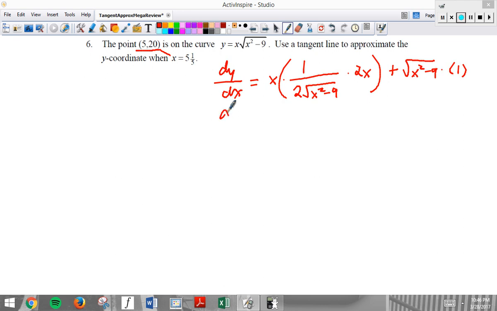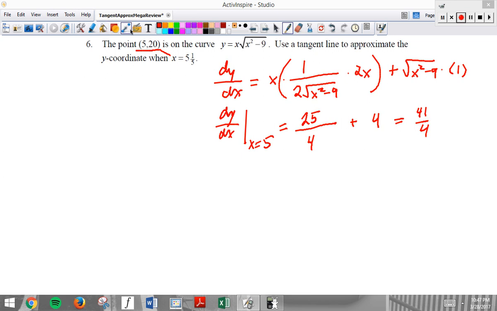Okay? I'm evaluating this when the x coordinate is 5. See? You're going to get 25 over 4, plus 4, which is 41 fourths.